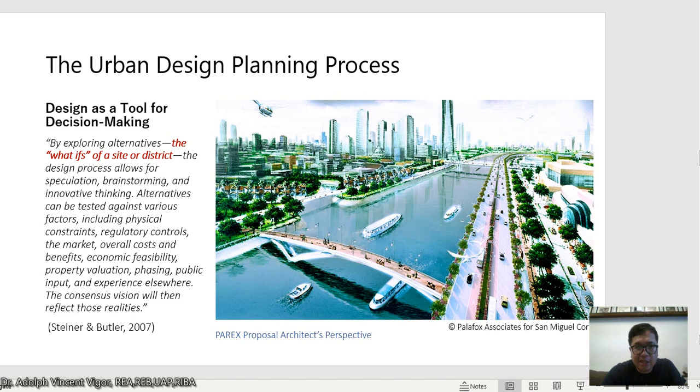Alternatives can be tested against various factors, including physical constraints, regulatory controls, the market, overall costs and benefits, economic feasibility, property valuation, phasing, public input, and experience elsewhere. So the consensus vision will then reflect those realities.